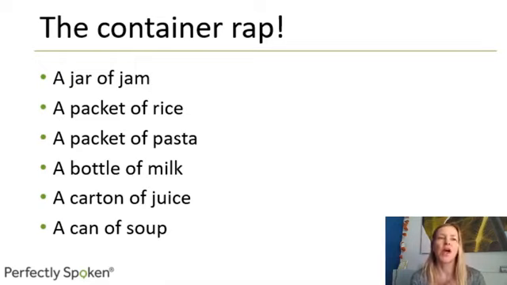Okay, so a jar of jam, a packet of rice, a packet of pasta, a bottle of milk, a carton of juice, a can of soup. Okay, so now it's your turn. You try the container wrap and see how you go.